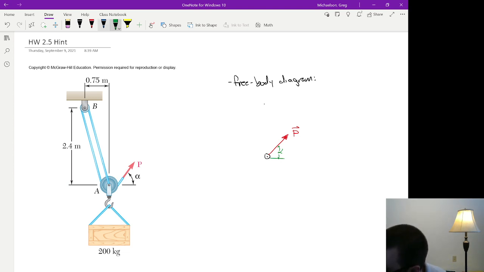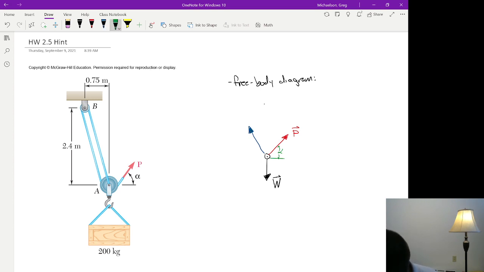What else? There is a vector going down, and the vector going down is the box's weight. Keep in mind, weight, not mass. Finally, there is a vector going this way.